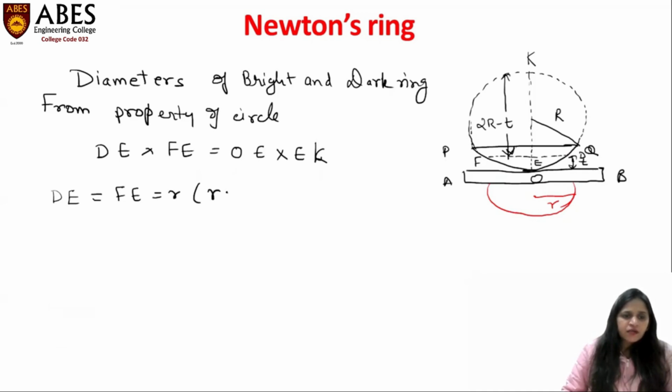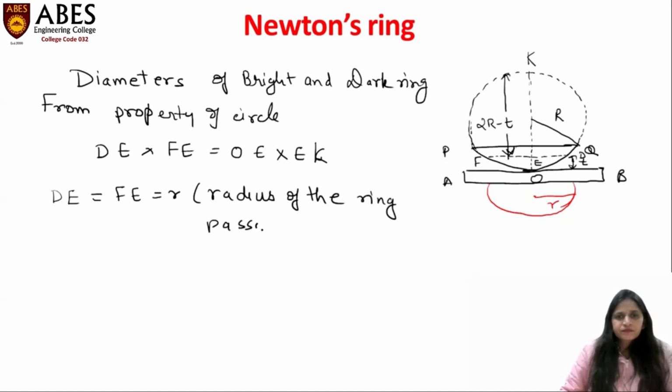And what is small r? Radius of the ring that passes through the point F. Okay, the point F or D.